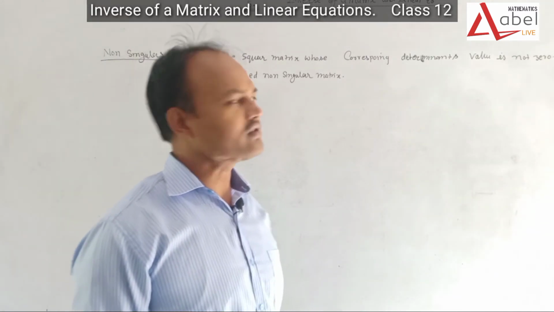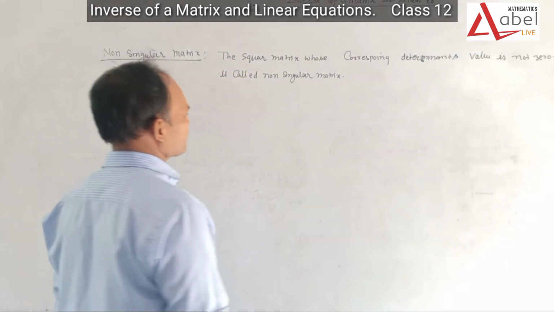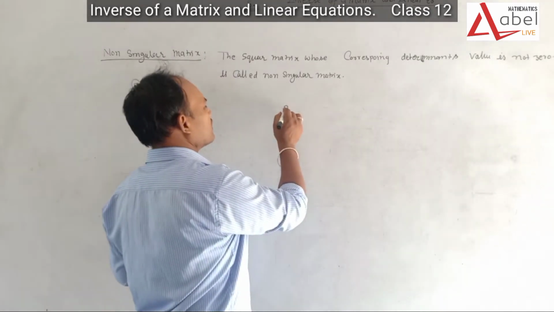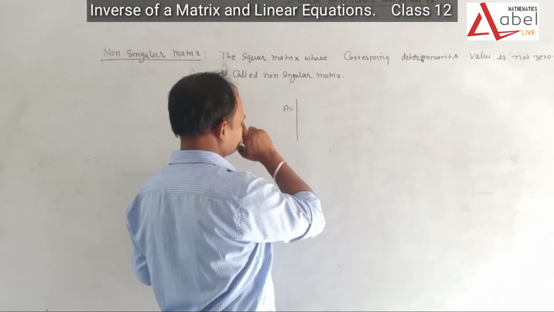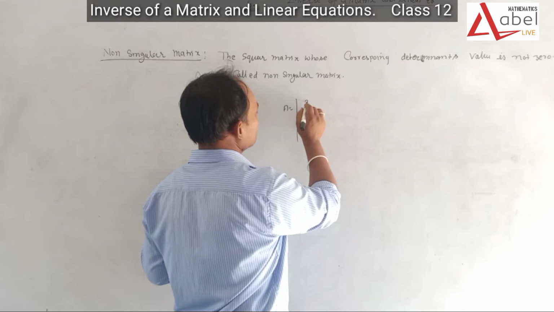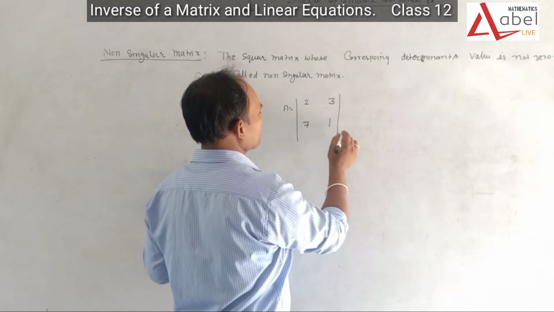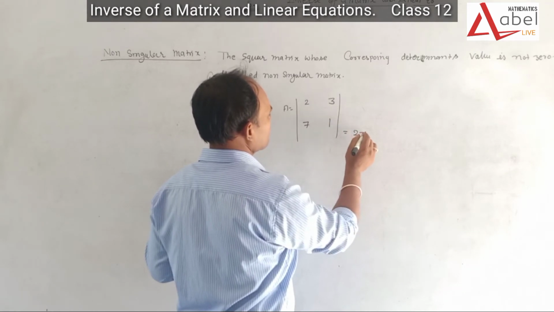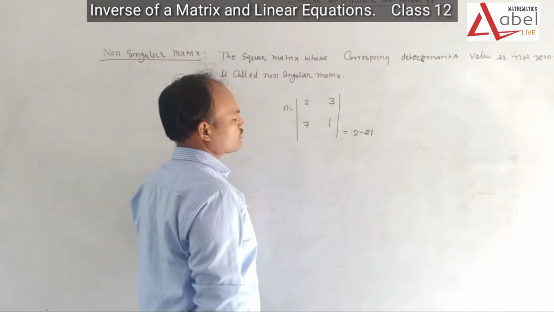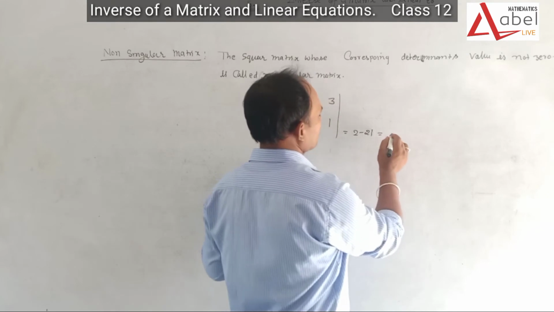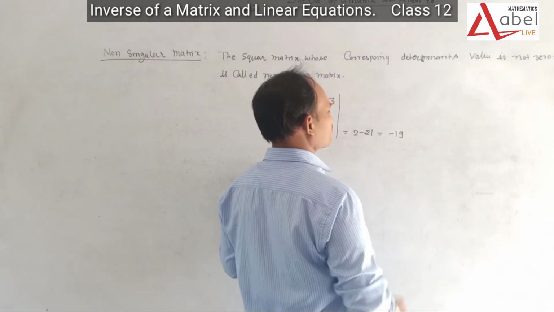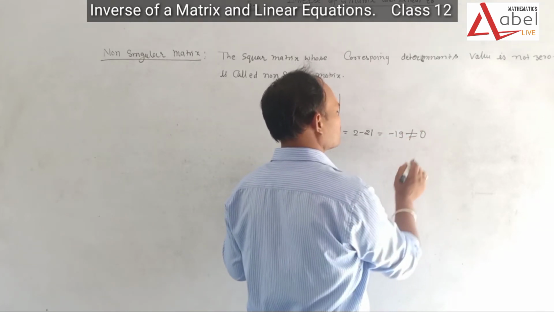We can say that it is a non-singular matrix, students. So how can we say it? Suppose the matrix is 2 3 7 1. It means it is 2 minus 21. So we can say that the value is minus 19. So we can say that it is not 0.